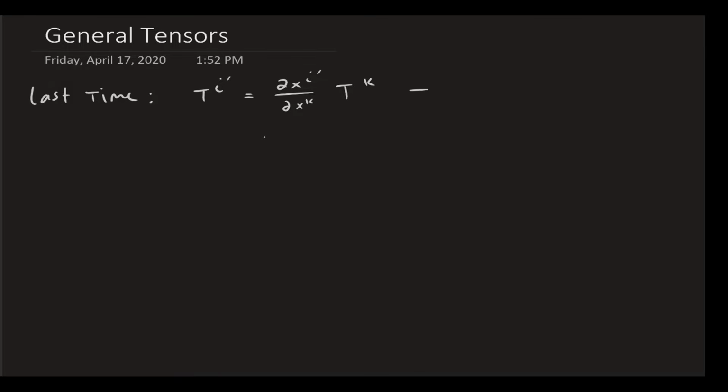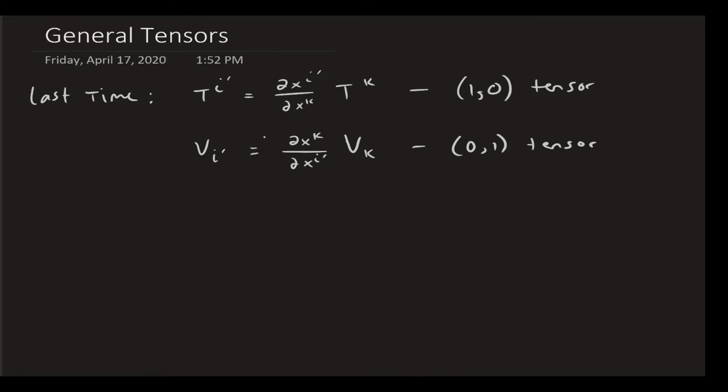That was a (1,0) tensor. And V_i' = (∂x^k/∂x^i') V_k. That was a (0,1) tensor. And we gave an example of both of those. We had a contravariant tensor to start off with, and then we had a covariant tensor, which was the gradient.